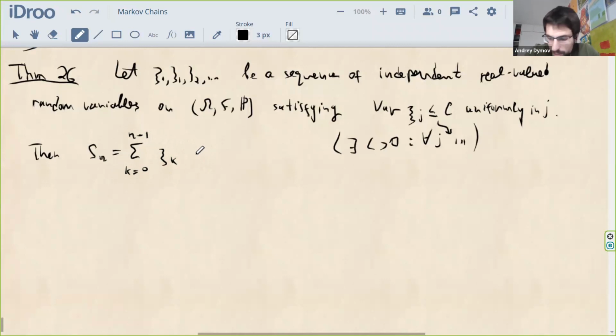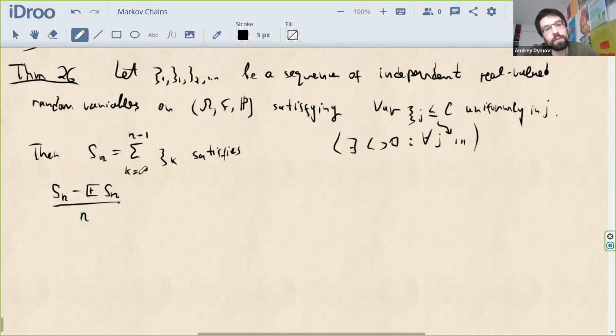And the theorem affirms that this random variable satisfies the following relation. I subtract from this random variable its expectation. So now I consider the centered random variable, and then I divide it by the number of terms in the sum, n. And it turns out that this goes in probability to 0 as n goes to infinity.